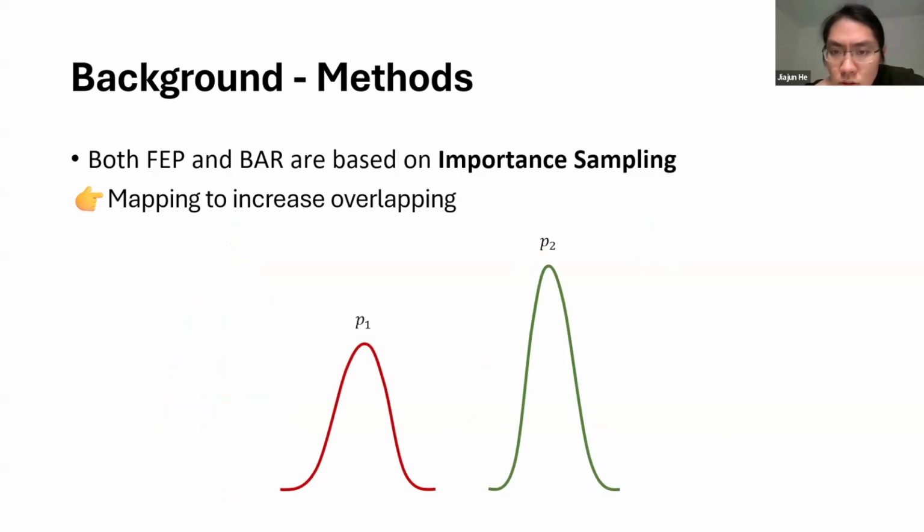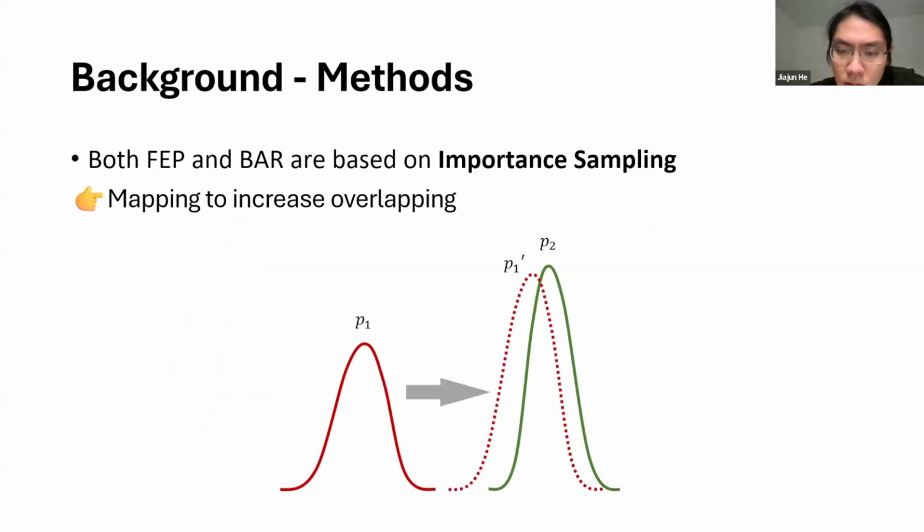So one way to increase overlap is to do mapping. For example, if you have these two distributions, we learn a bijection. We map P1 to this P1 prime. This P1 prime is not necessarily P2, but it's aimed to have larger overlap.